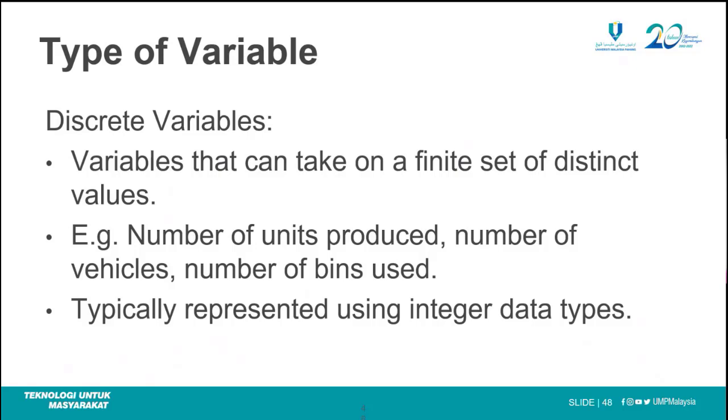We can divide discrete variables into a few categories, but the most common one is the discrete variable using integer data. In the examples here, such as the number of units produced, there are no decimal places in that number. The number of vehicles must be an integer. So this is one of the discrete variables that utilizes integer data.